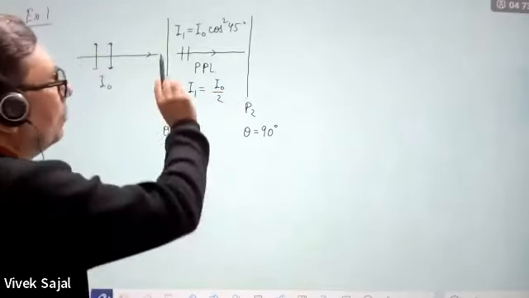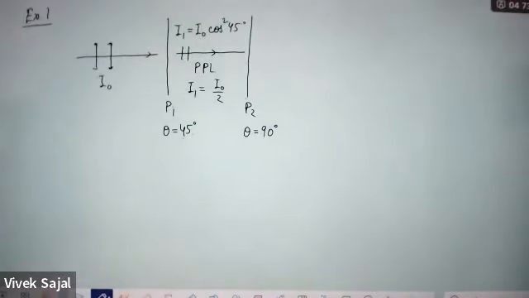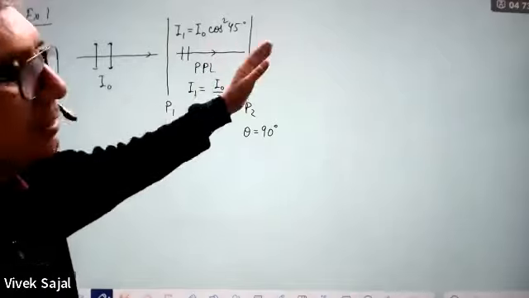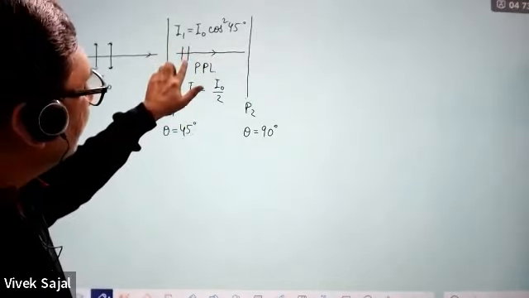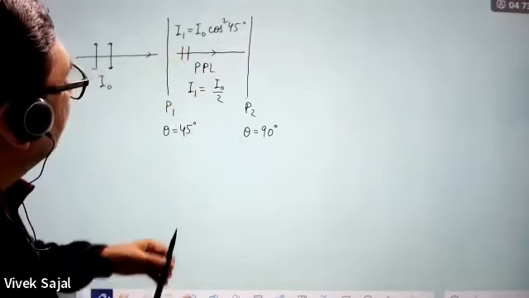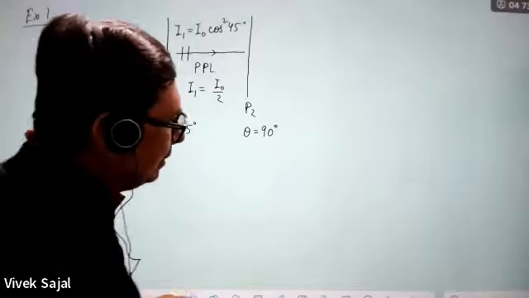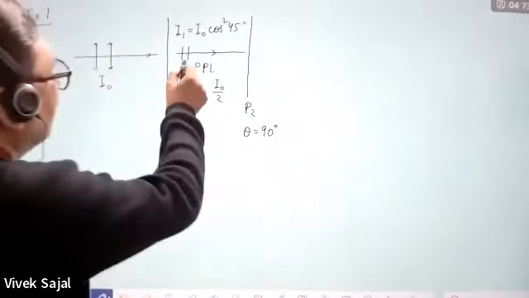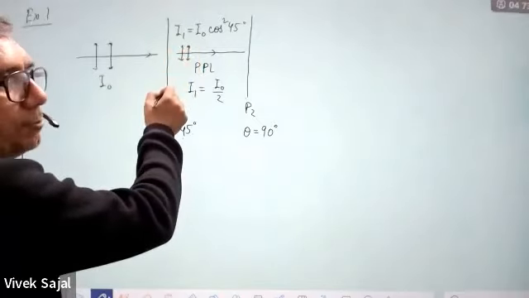So now a plane polarized light is falling on this polarizer P2. Now what is the direction of the electric vector? The direction of the electric vector is parallel to the path axis of P1.